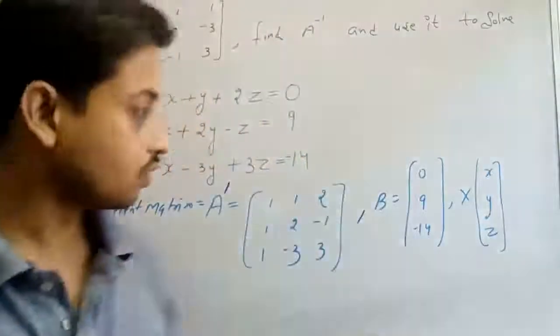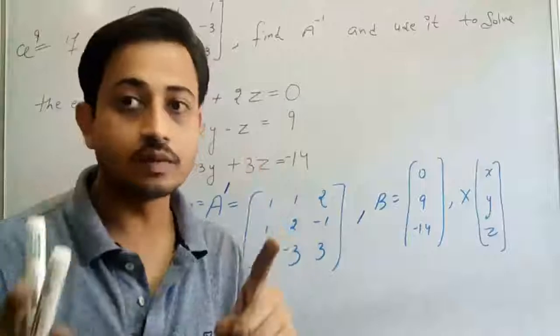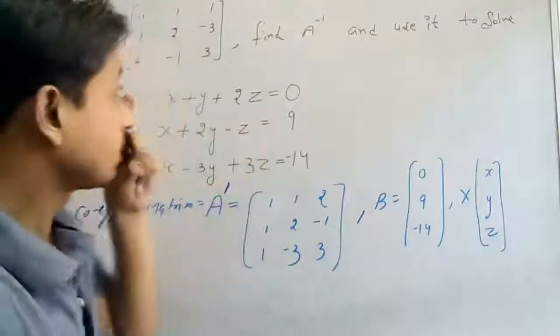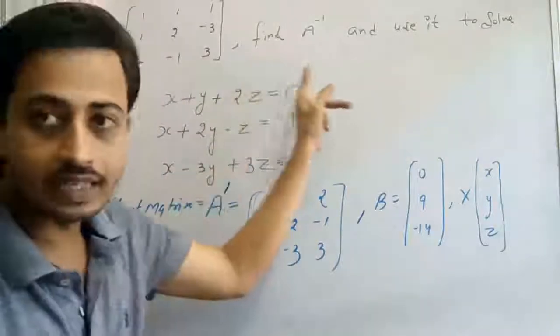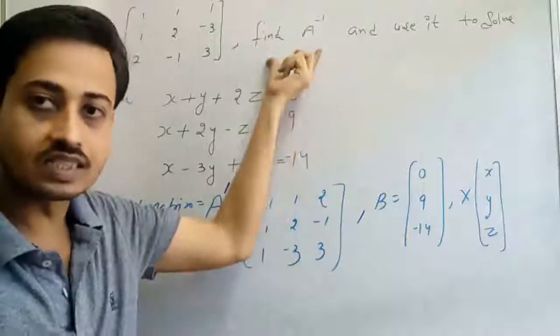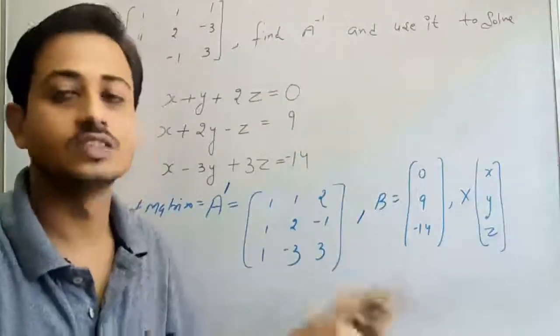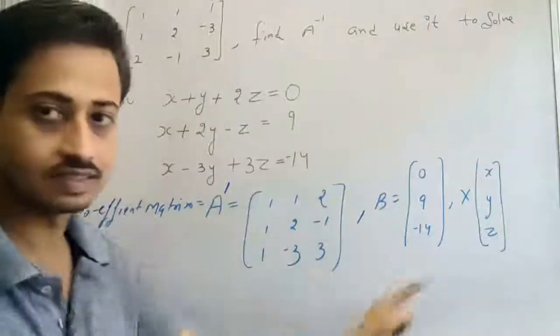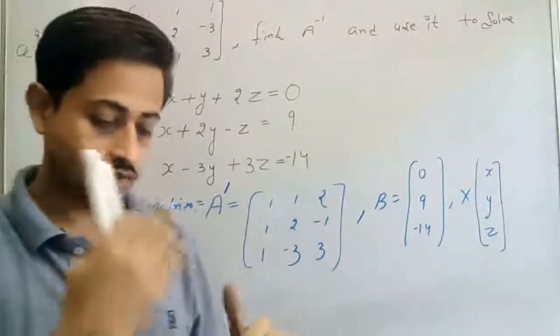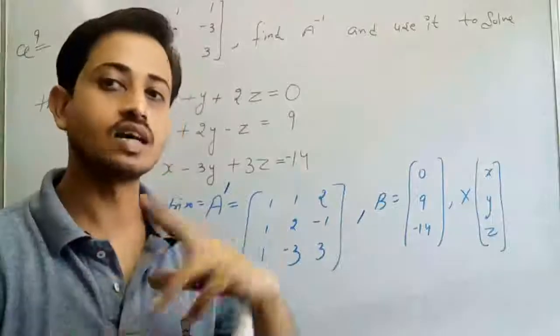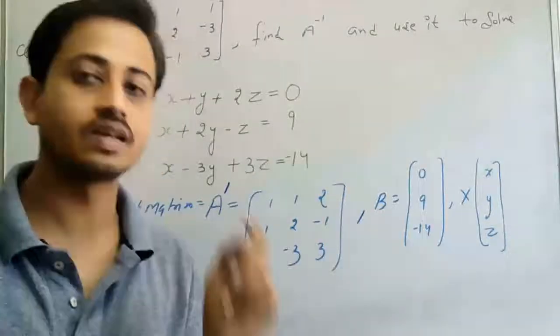So we have to solve this. This is the second part. Now the first part is that we have to find A inverse, and we have to use this A inverse to find the solution of these. So please make a note of this. We will do the first step first, then we come to the second step.